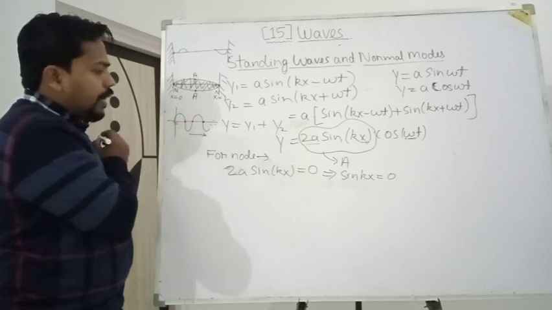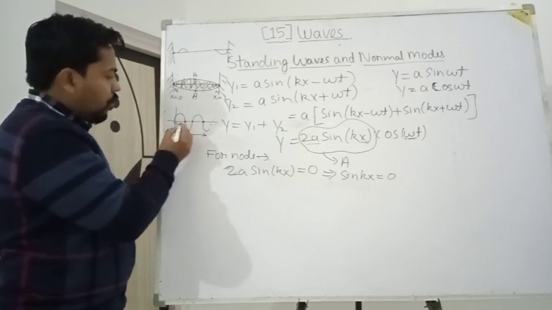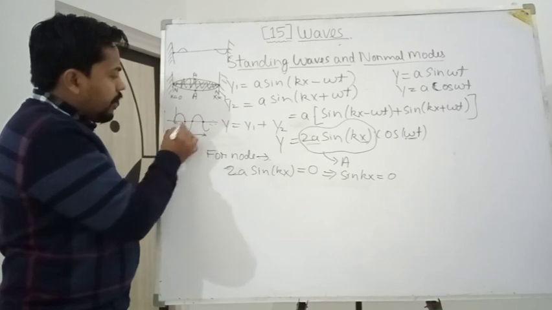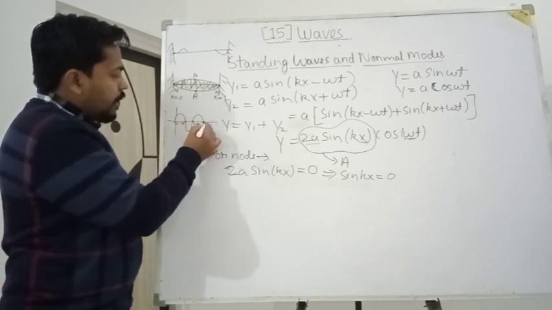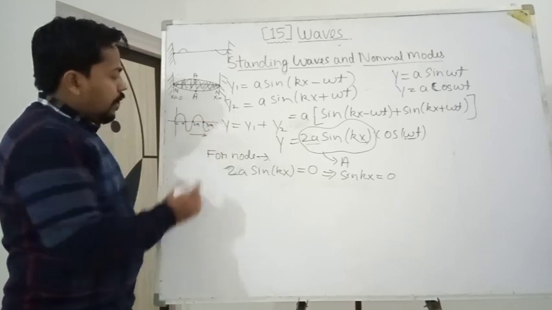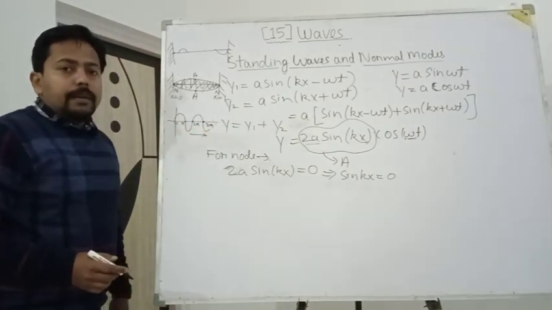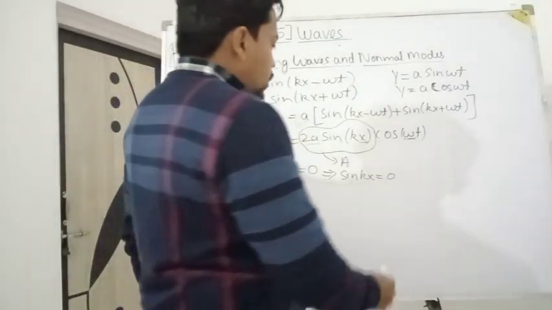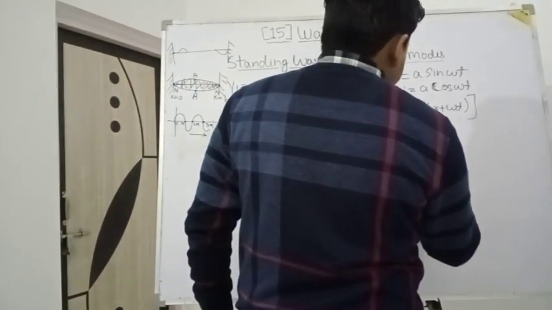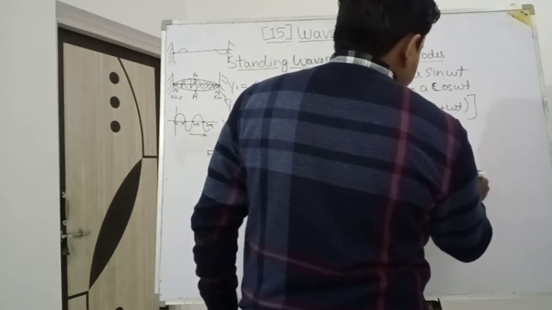At sin 0 we get the value of sin theta equal to 0, at sin pi we get 0, and at 2 pi, and like this the values go on. That means for integral multiples of pi we get the value of sin theta to be 0.